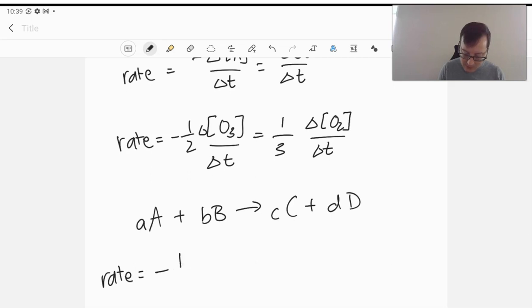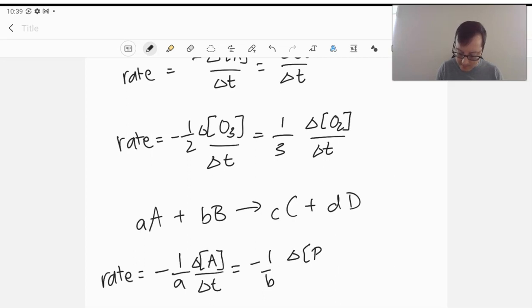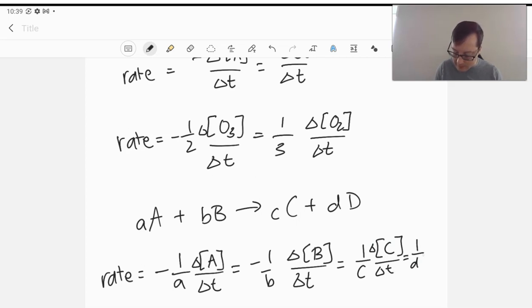So we would say -1 over A times the change in concentration of A over time, which is equal to the same thing for B, delta B over time, which would be +1 over C, delta C over time. And let's see if we can fit this in here. 1 over D times the change in concentration of D over time.